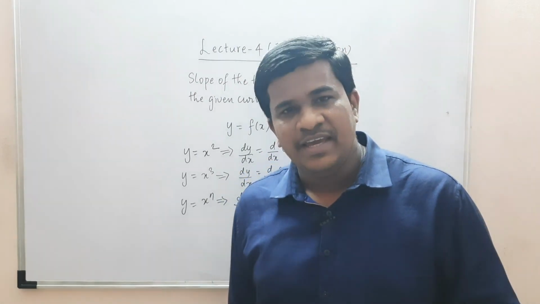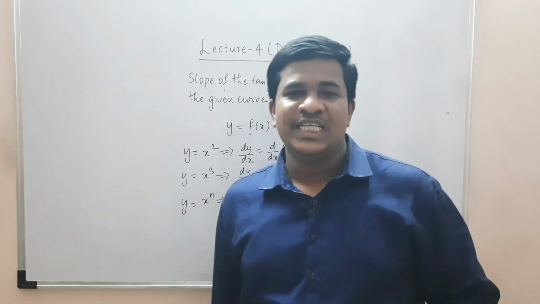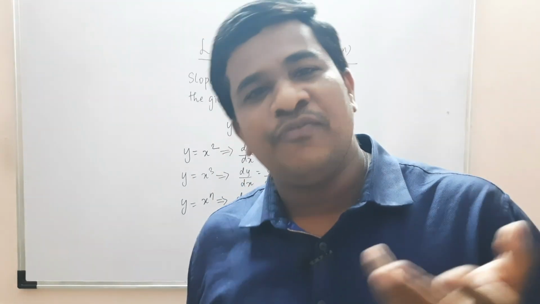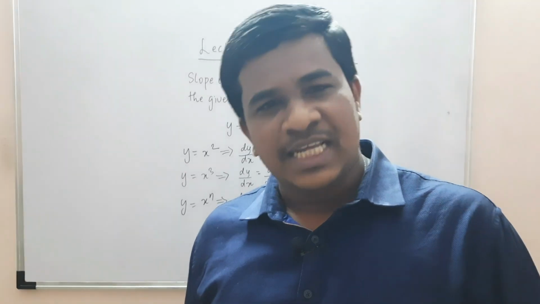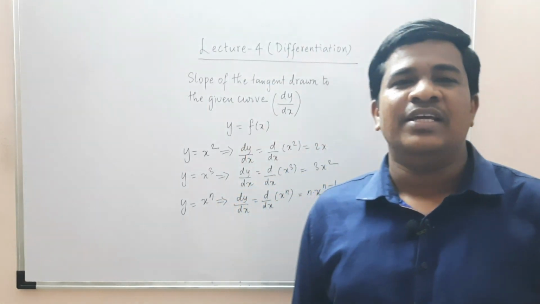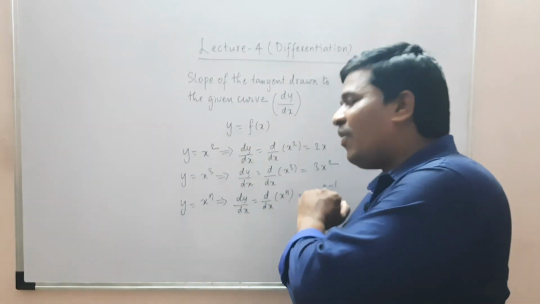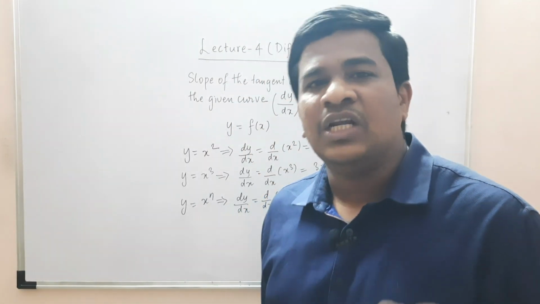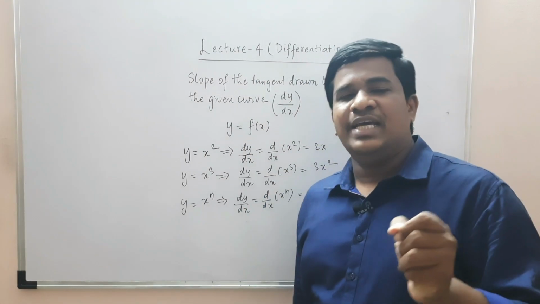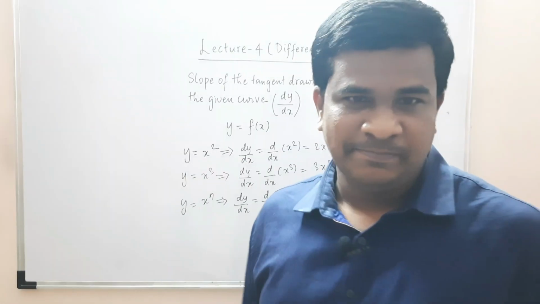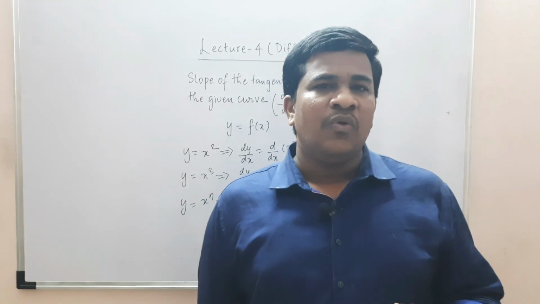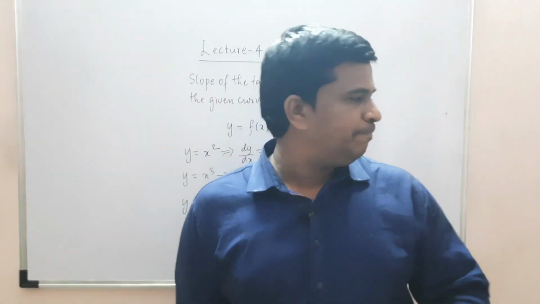In the same way, for the curve y equal to x power n, dy by dx, that is d by dx of x power n, which is n into x power n minus 1, is also the slope of the tangent drawn to the curve y equal to x power n. Right? So this is what dy by dx means.